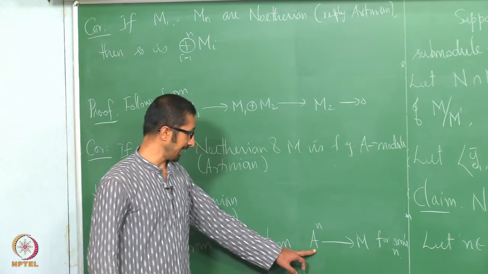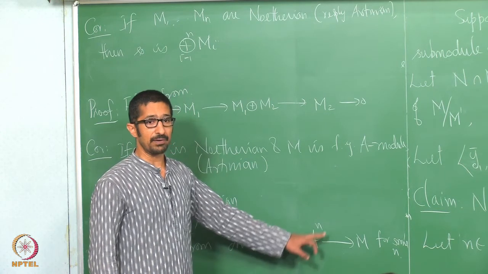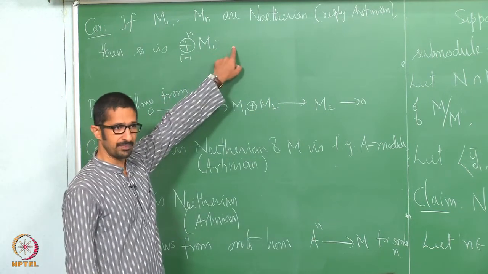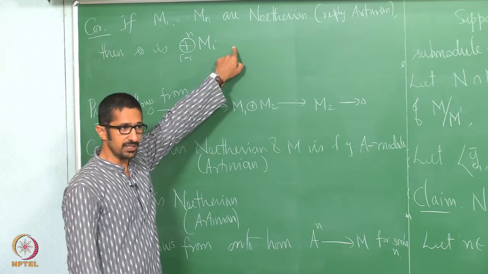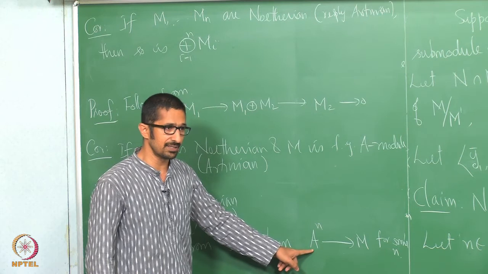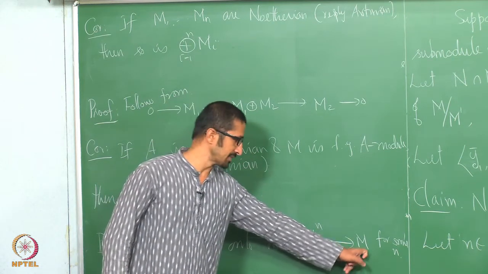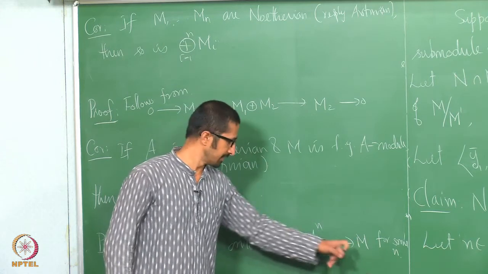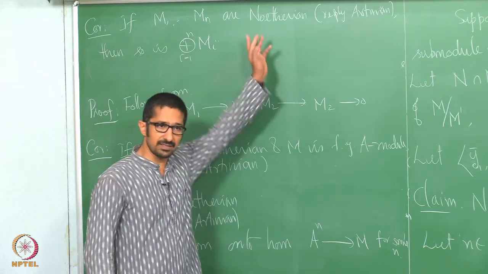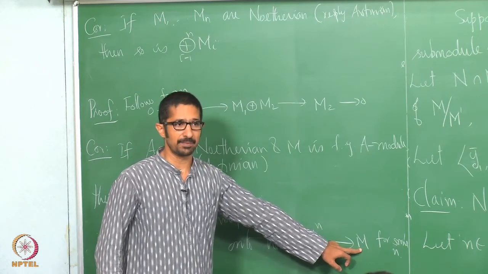If A is Noetherian, then A power n is Noetherian. Direct sum of Noetherian modules is Noetherian. Therefore A power n is Noetherian, and you have an onto homomorphism, therefore M is Noetherian. Similarly, if A is Artinian, A power n is Artinian, therefore M is Artinian.